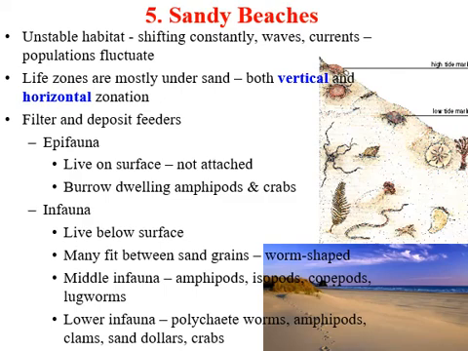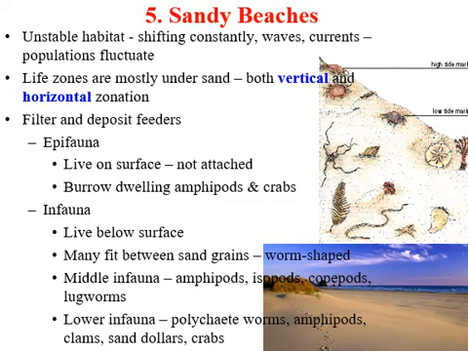There's this gradient of physical features that's translated into a gradient of biological features. As you move away from the water, it gets harder to live there. As you move towards the water, it gets easier to live there in terms of physical features, but it's more difficult to live there in terms of biological interactions that are taking place.